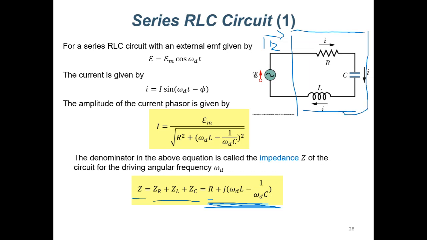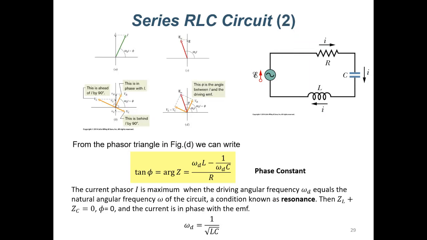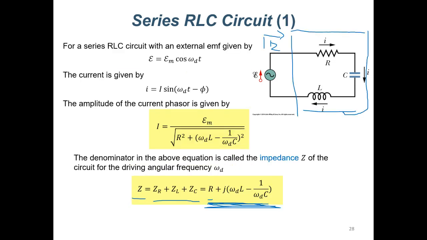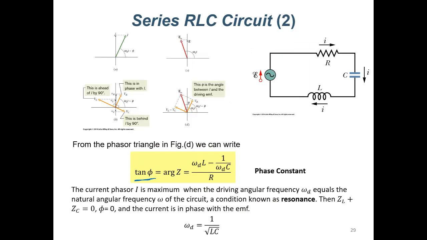So we can use the series resistor formula or the parallel formula to calculate the series impedance or parallel capacitance. Also, tangent of phi is the imaginary part over the real part.